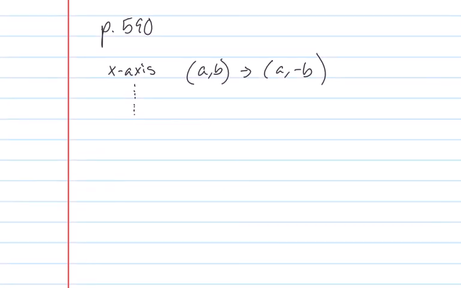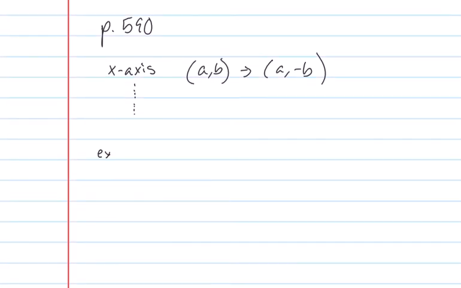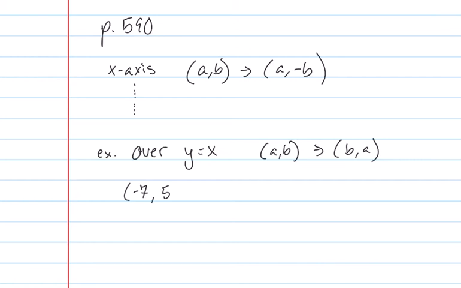So I do want to do an example of that. So example, I'll do over the line y equals x, and I am going to look up my transformation, and that takes A, B to B, A. I did tell you guys that I would give you the matrices, so from those you should be able to figure out what these rules are.